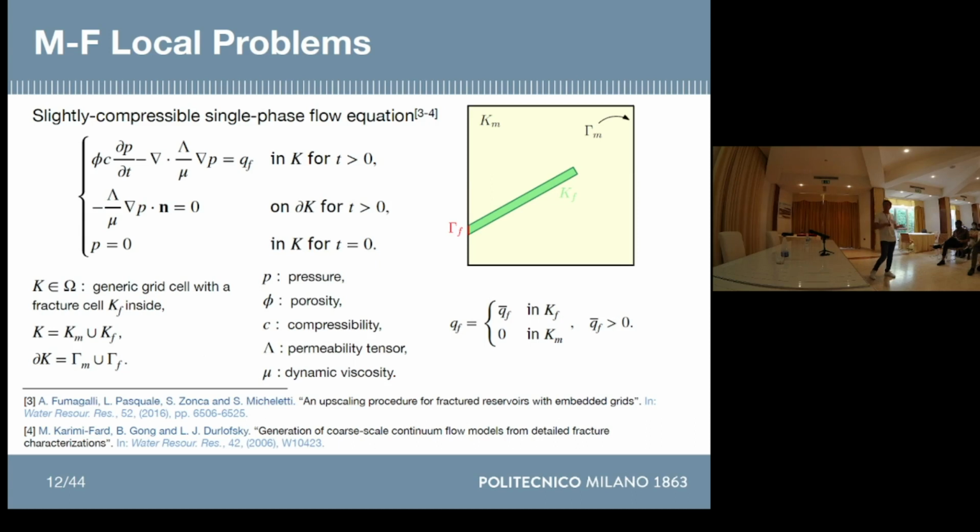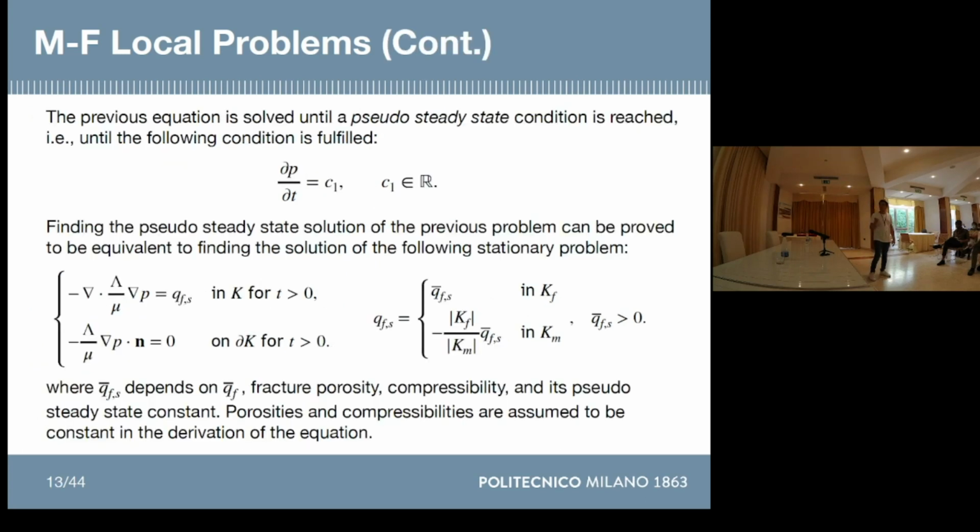So in this case, it's like we are continuously injecting fluid into the domain so that the overall pressure in the domain rises, and after a certain point a so-called pseudo-steady state condition will be reached, which means that the derivative of the pressure reaches a constant value. In a typical upscaling procedure, one wants to solve this equation when this pseudo-steady state condition is reached.